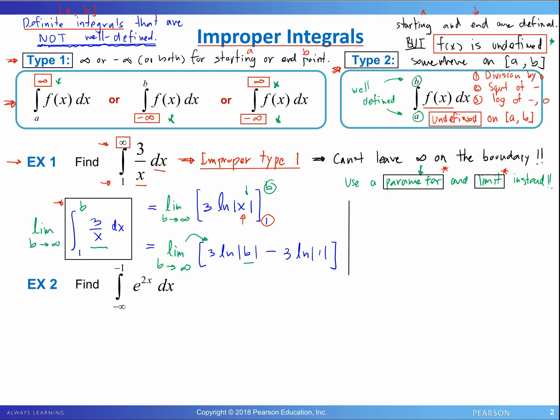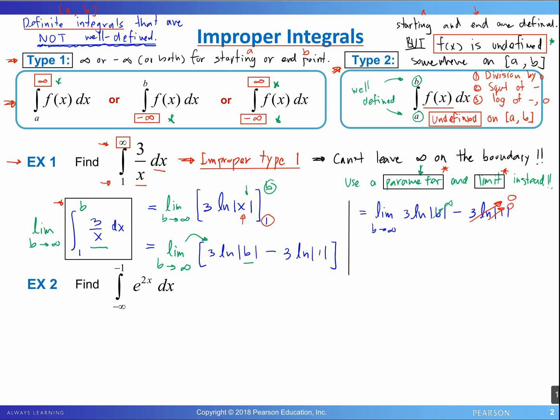And now we have the limit of 3 ln absolute value of b when b goes to infinity, minus 3 ln absolute value of 1. Ln 1 is equal to 0. So this back term, the whole term, goes to 0. And this b goes to infinity.